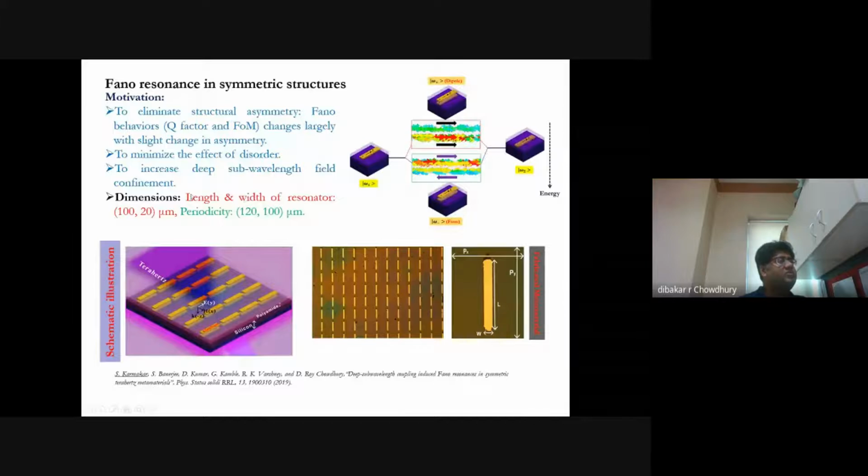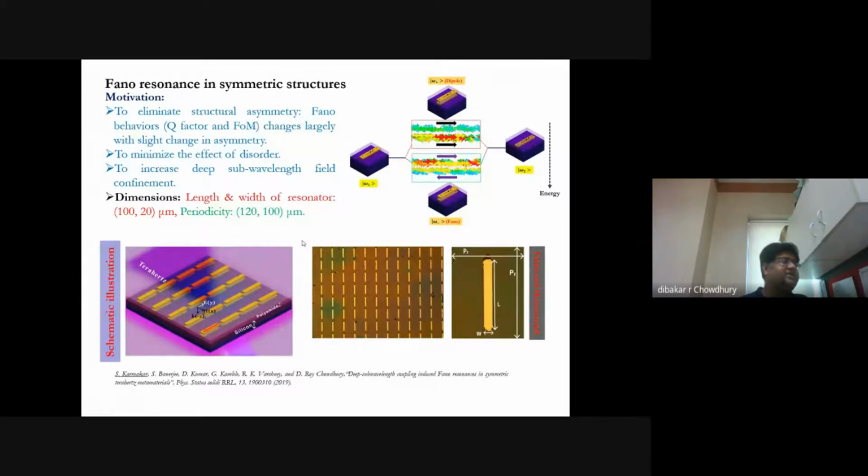Motivated by this concept, we proposed these stacked resonators. So what happens here is that you have a silicon substrate, on top of that we have a bottom dipole resonator, then we have a polyimide, and on top of that, absolutely aligned, we have another resonator of the same size. Now although these resonators are of the same size, electrically or optically their characteristics are different.